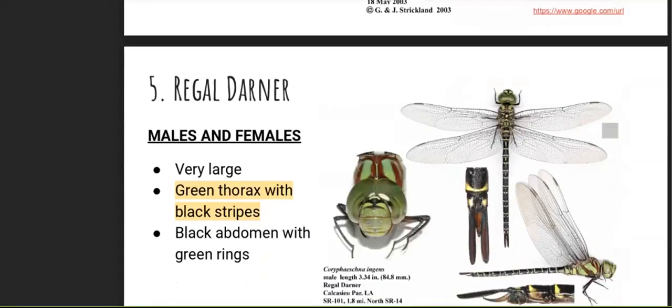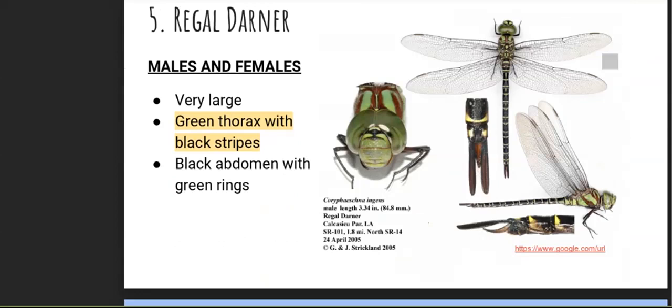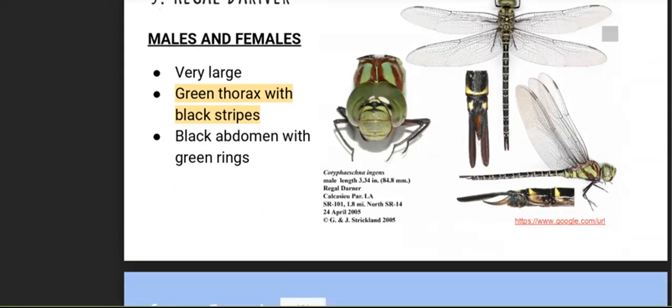And then we have the regal darner. These are the biggest that we have in Florida. It's almost 3.34 inches in length. Usually males are slightly bigger than females. So they can be huge dragonflies.